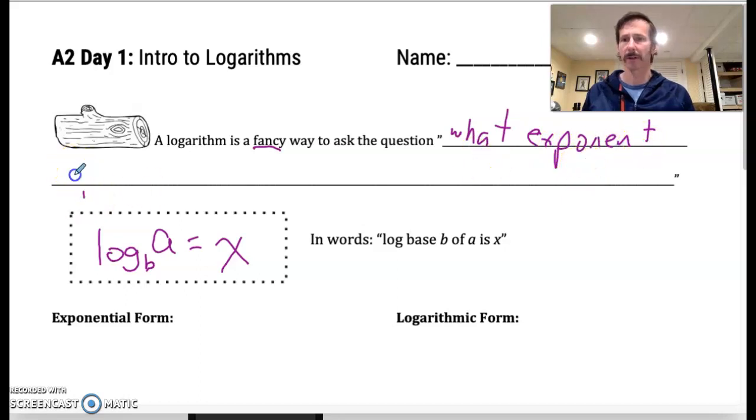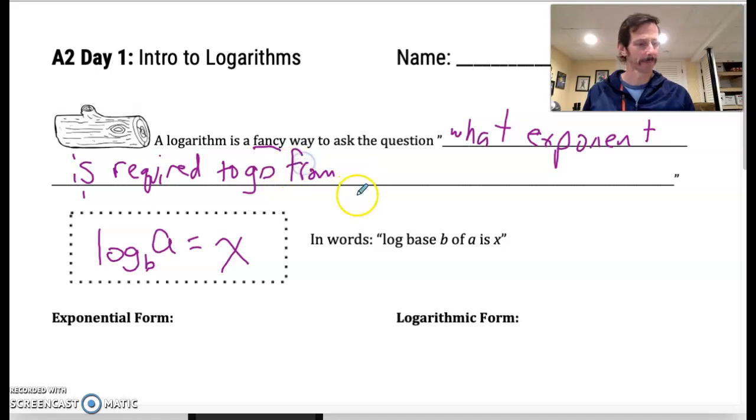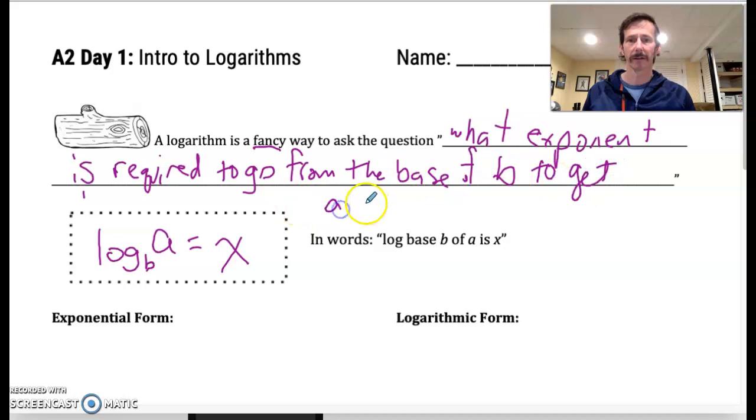What exponent is required to go from the base of b to get a value of a?